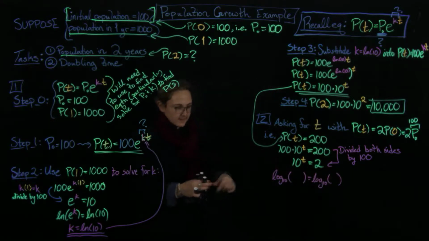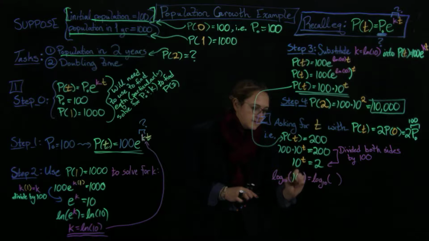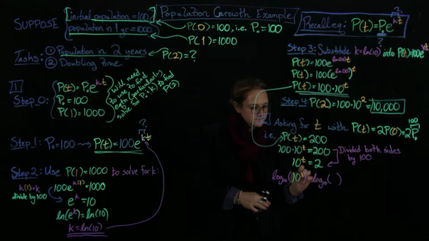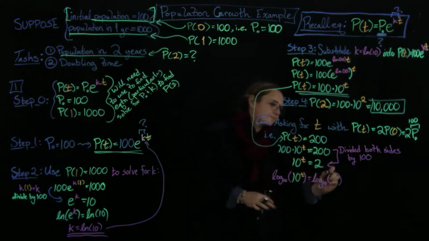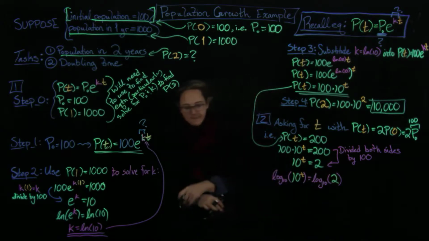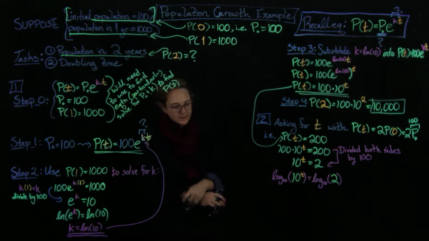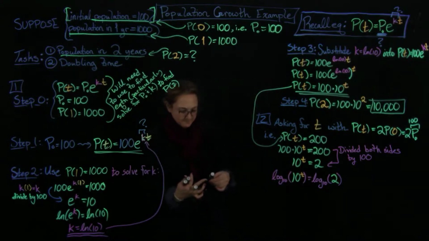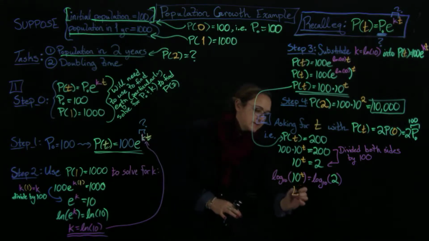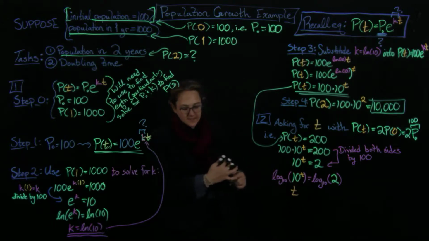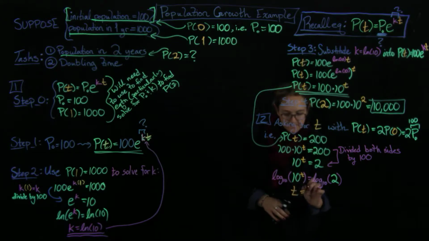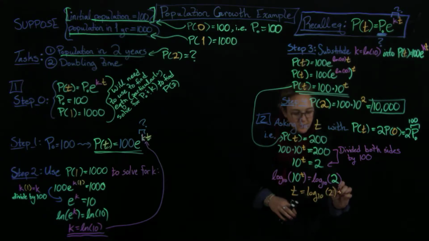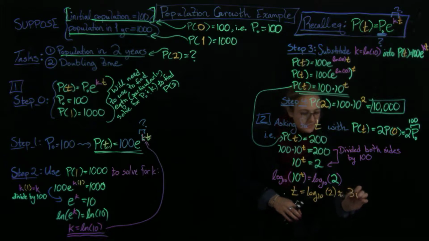On this side I'm going to get 10 to the t, and on that side I'm going to get 2. So what is that going to tell me? Because these are inverse functions, I'm just left with t. So t is going to equal log base 10 of 2, which is approximately 0.3 years.